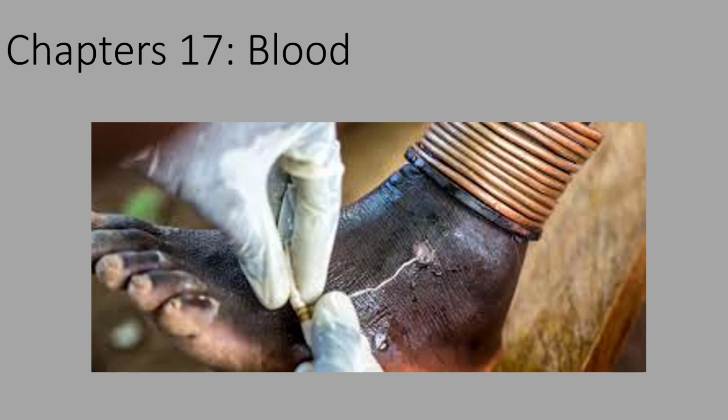And the only thing that will alleviate the pain is soaking it in water. So this person goes back to their water source, dips their feet or their hands into the water, and when they do that, the worm notices, and that's what causes it to burst through the skin like this. And when it bursts through the skin, it releases its eggs, and the cycle starts all over again.